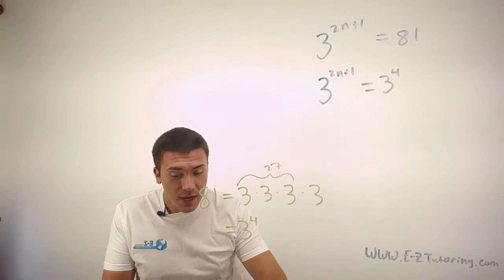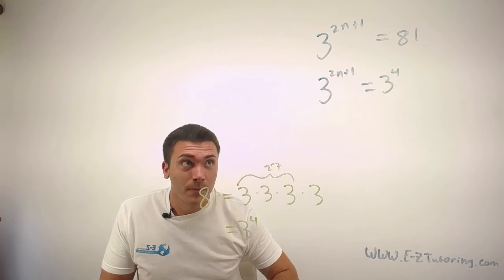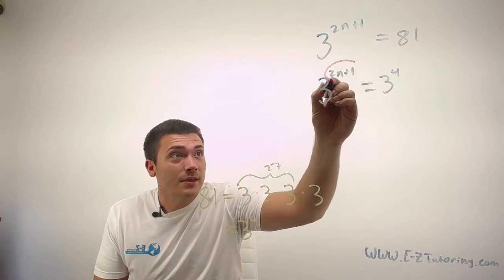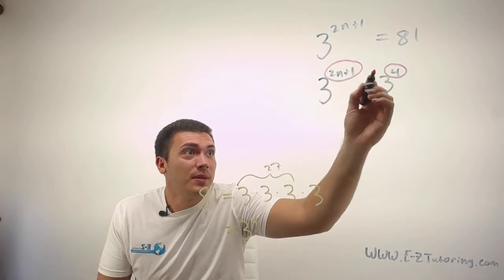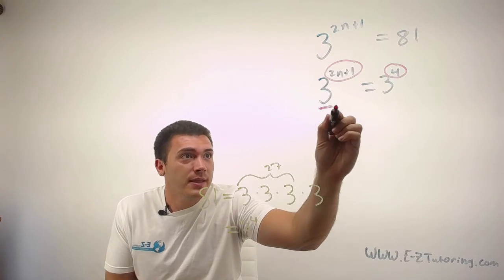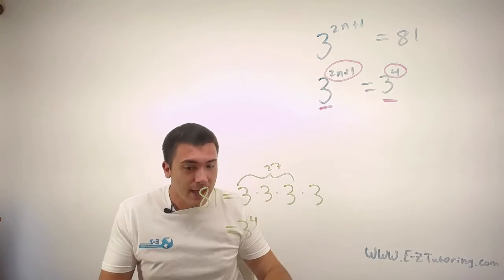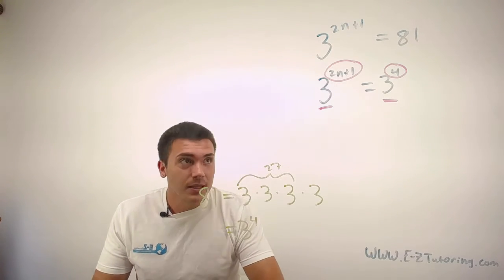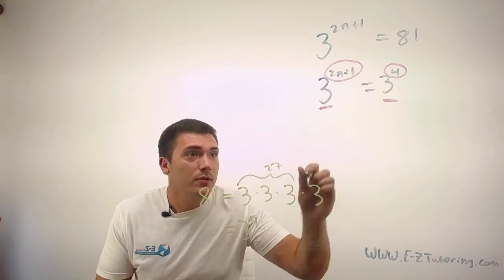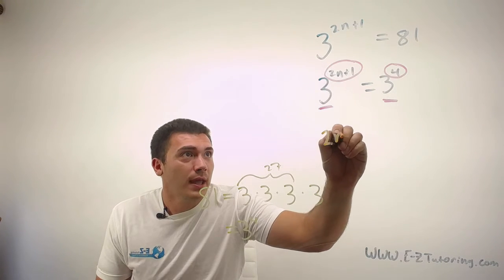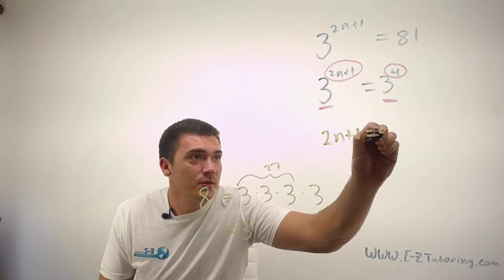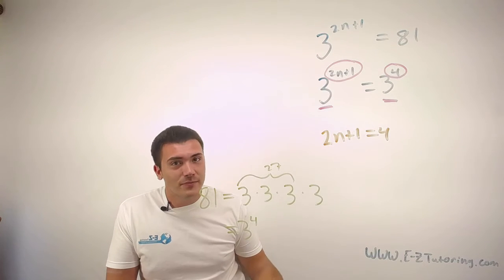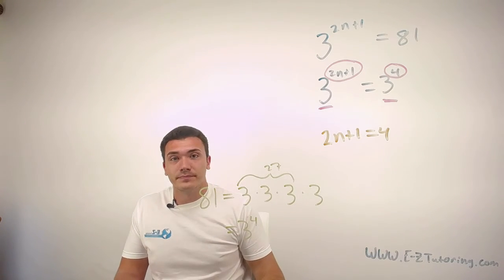The only way that could possibly be true is if these exponents are equal, because they are on the same exact base. So we can set the exponents equal to each other: 2n plus 1 equals 4. And now this becomes very simple algebra.